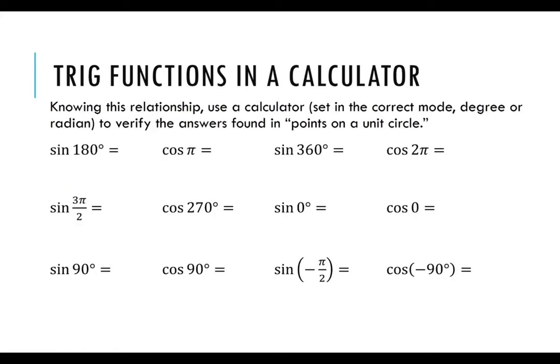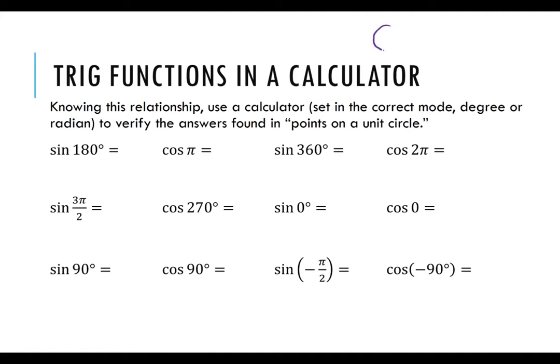If you want, you can use your calculator. What matters is that if you're using your calculator to verify these quadrantial angles, make sure that you're correctly in degrees or radians. I'm just going to run through these; pause and check yourself.